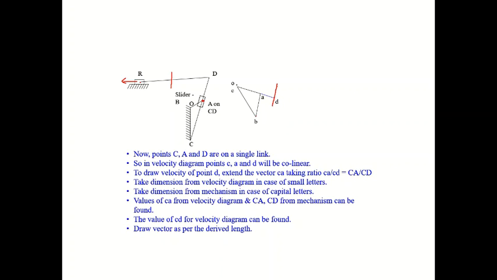What is the final link? The final link is R, that is the piston. The piston is sliding on the fixed line, and for the piston you have to draw a parallel line. So from here draw the parallel line, and it hits the RD line. So this is R. We got all the points.